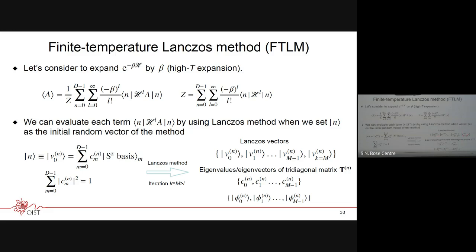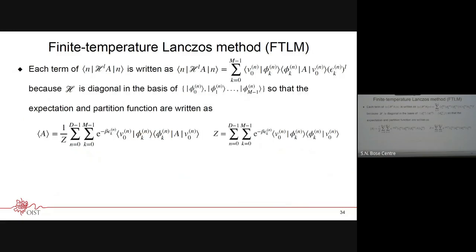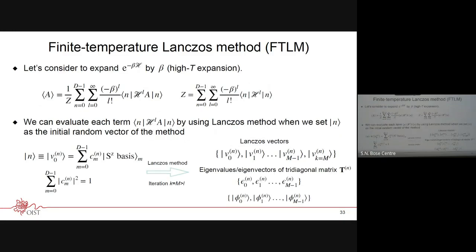We can get the eigenvalues and eigenvectors, so we get the diagonal matrix T n, as I explained in the previous topics. Using these eigenvalues and eigenvectors, we can rewrite this term as this equation. It is a little bit complicated, but this is just the first one here.